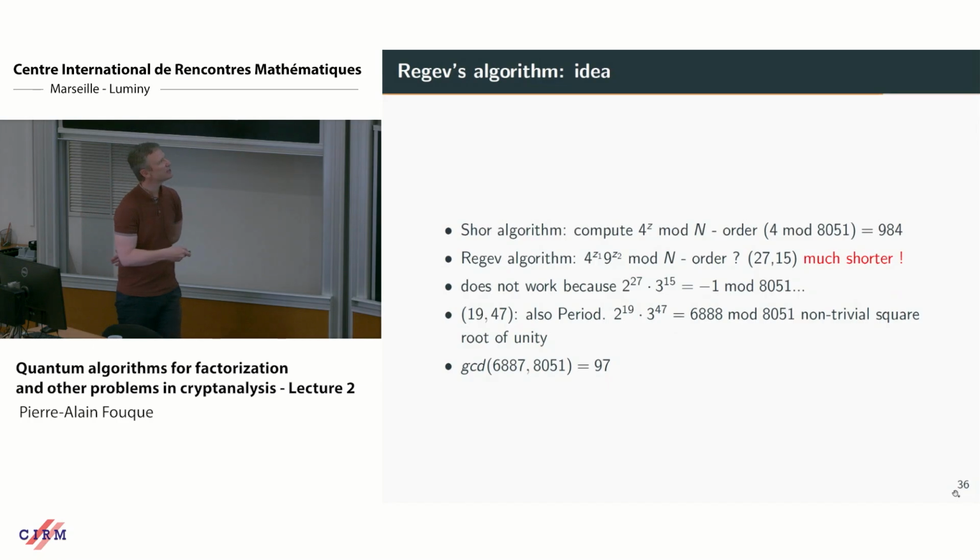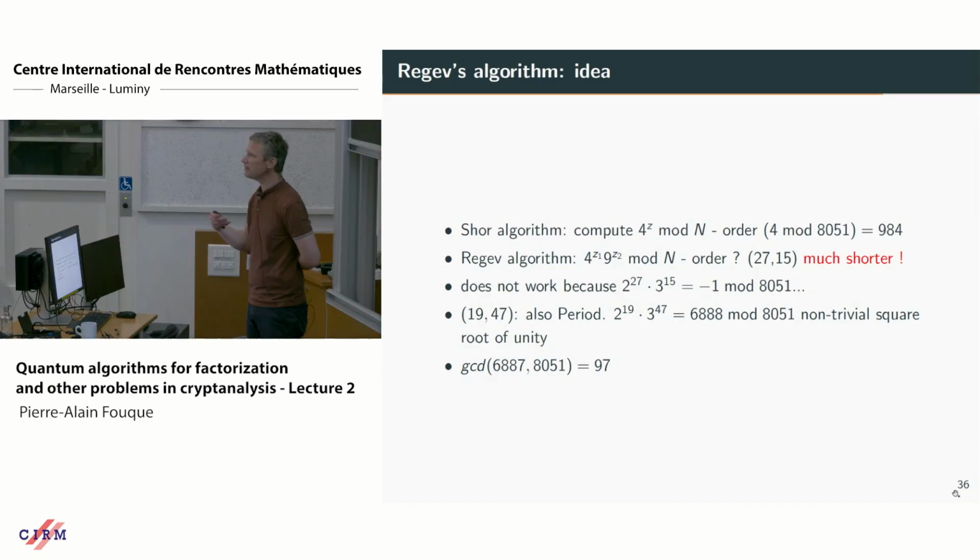So this is a 2-dimensional period. I raised 2 to the power 19 and 3, which is a square root of 9, to the power 47. I compute this value modulo this RSA modulus, and it gives me this value, which is a non-trivial square root of this value.